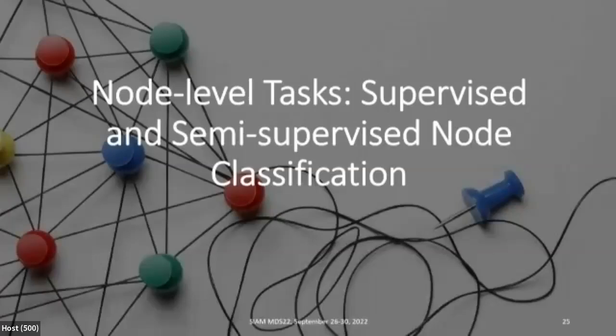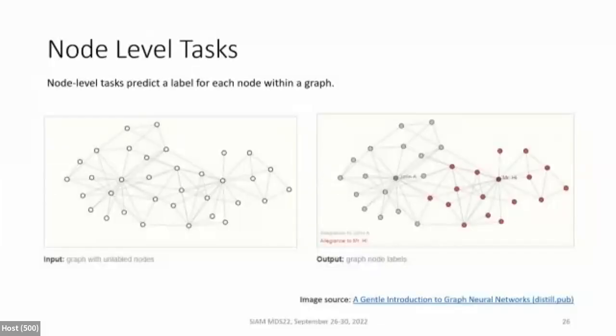So first, we'll take a quick look at node level tasks. And the simplest example comes from this problem. It's called Zachary's Karate Club. This data set is a single social network made out of 40-something individuals that belong to the same karate club.